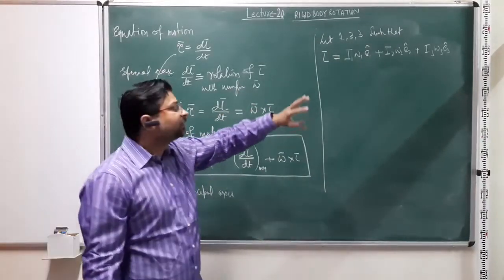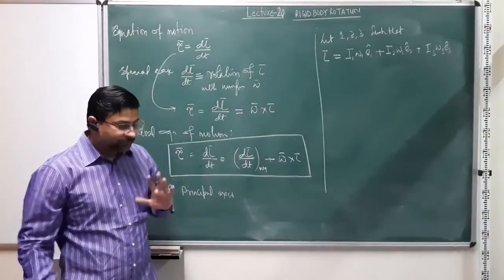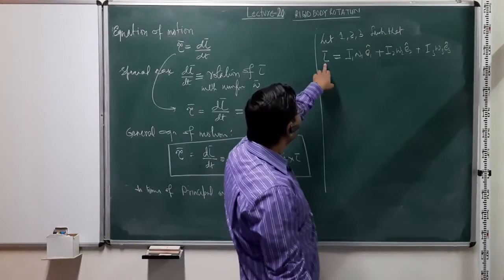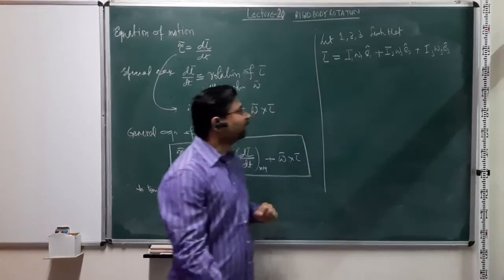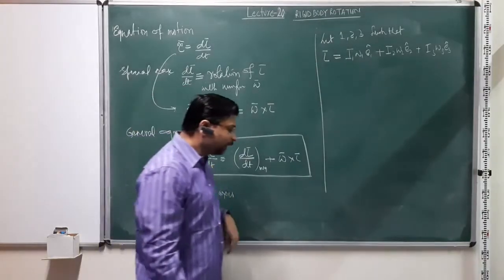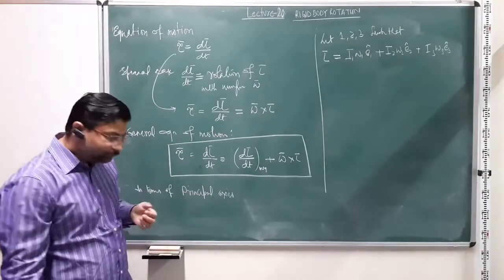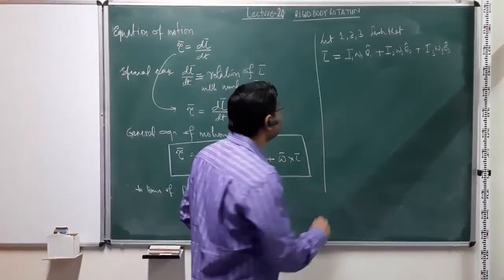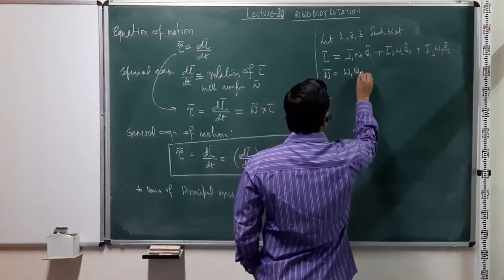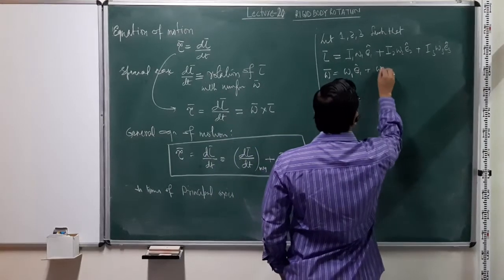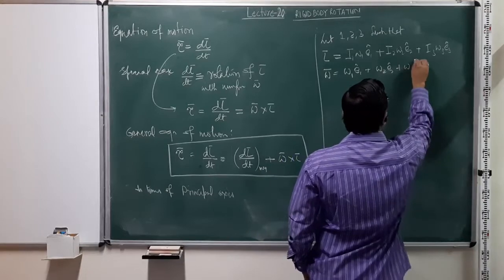Since we are dealing with the principal axes of the body, we don't have to worry about the products of inertia, so we are not worried about the off-diagonal terms. And then we can write down this total angular momentum L as I1 omega 1, I2 omega 2 and I3 omega 3, where omega 1, omega 2, omega 3 are again components of the angular velocity omega along these three principal axes, right? And omega is then similarly omega 1 plus omega 2 plus omega 3, right?